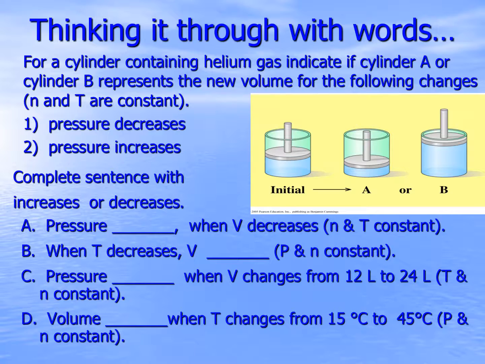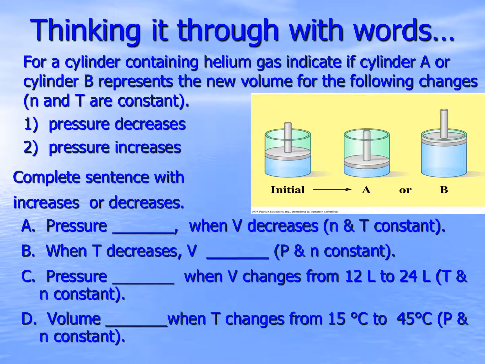Notice that if you increase the volume, you spread the molecules out more, so the pressure should go down. If we increase the pressure, if we push harder on the plunger, the piston, then we should lower the volume, because pressure and volume have an inverse relationship.